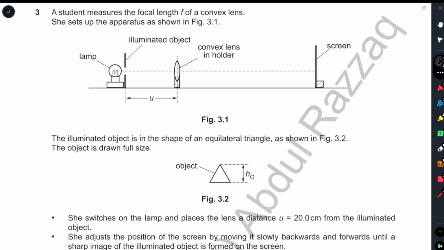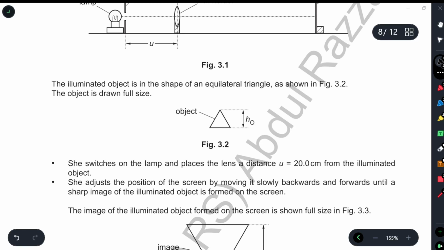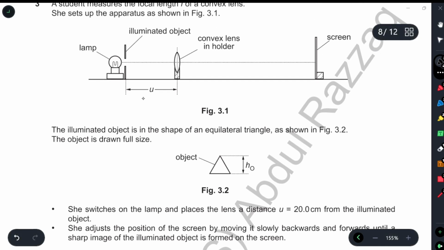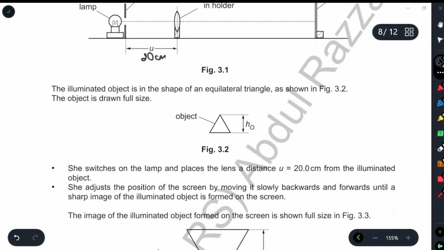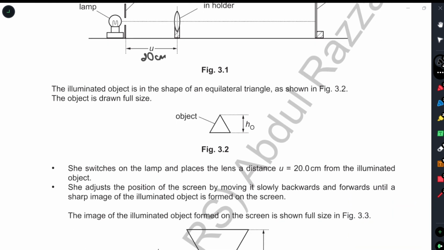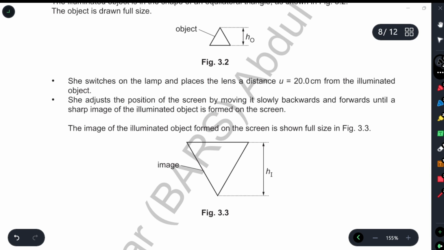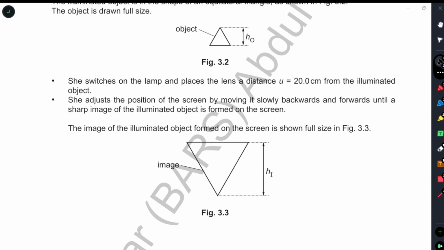She switches on the lamp and places the lens a distance of 20 centimeters. So this right here is 20 centimeters. From the illuminated object, she adjusts the position of the screen by moving it slowly backwards and forwards until a sharp image of the illuminated object is formed on the screen. The image of the illuminated object formed on the screen is shown full size in figure 3.3. Cool.